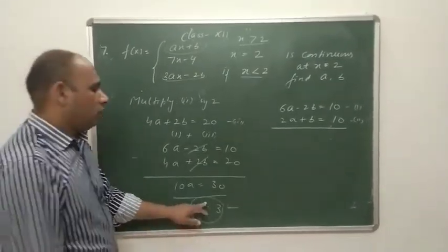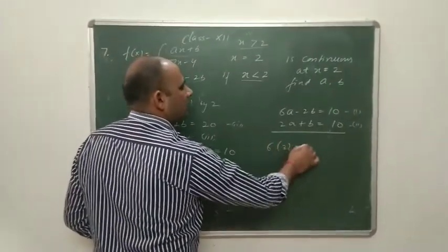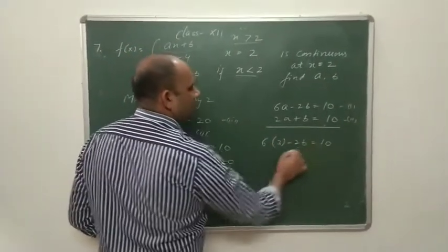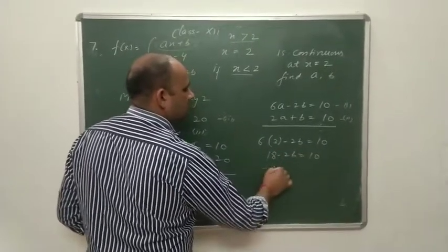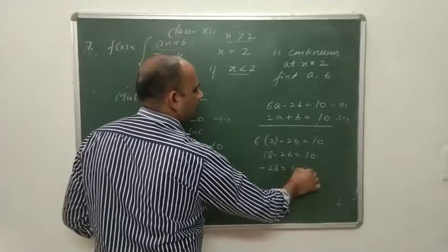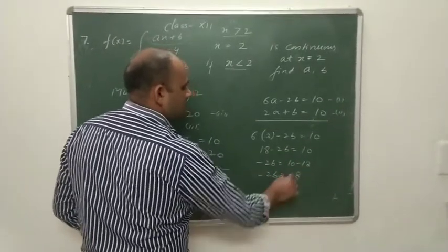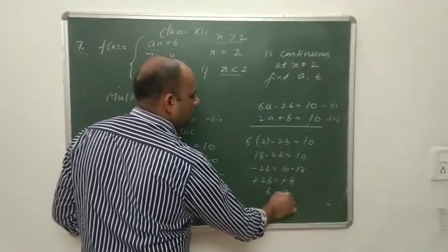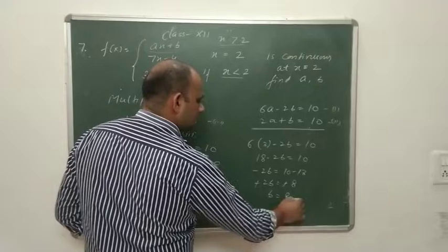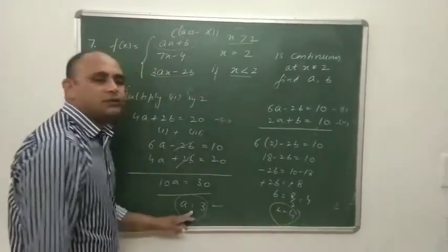Putting the value of a in the first, 6 into 3 minus 2b is 10. 18 minus 2b is 10. Minus 2b is 10 minus 18, minus 8. Now b is 8 by 2, that is 4. b is 4, a is 3.